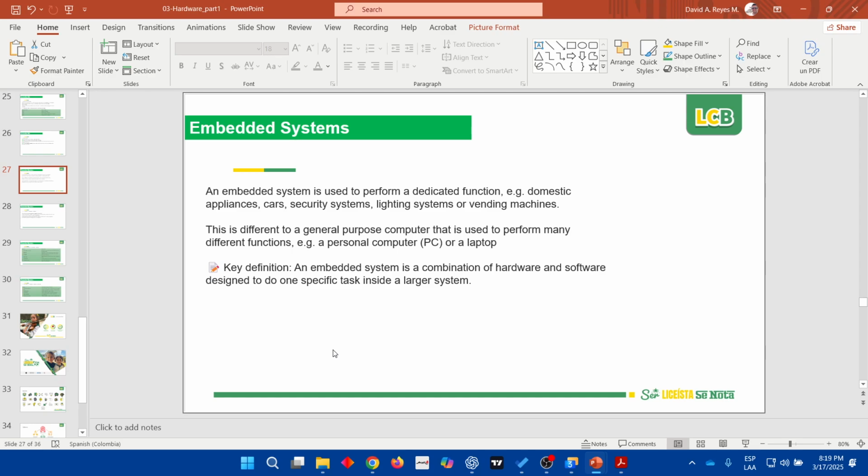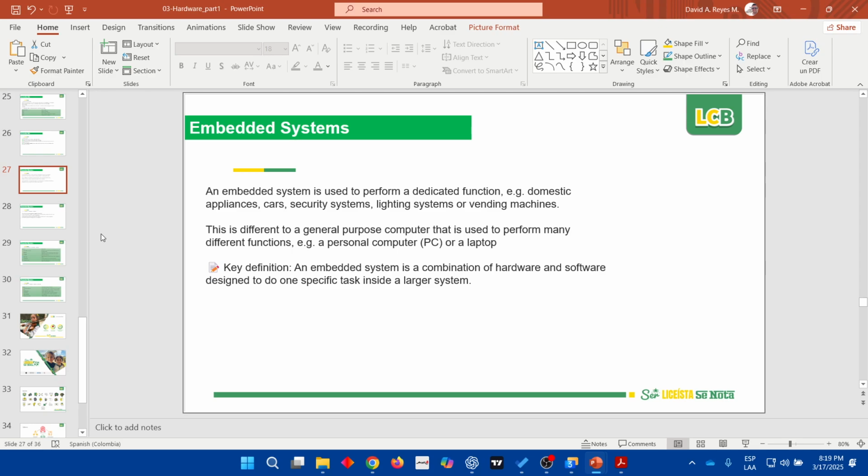Okay, so an embedded system is a combination of hardware and software designed to do one specific task inside a larger system. For example, in the irrigation system, you have a humidity sensor. You have the processor that is going to read the information that the sensor is reading and compare it.